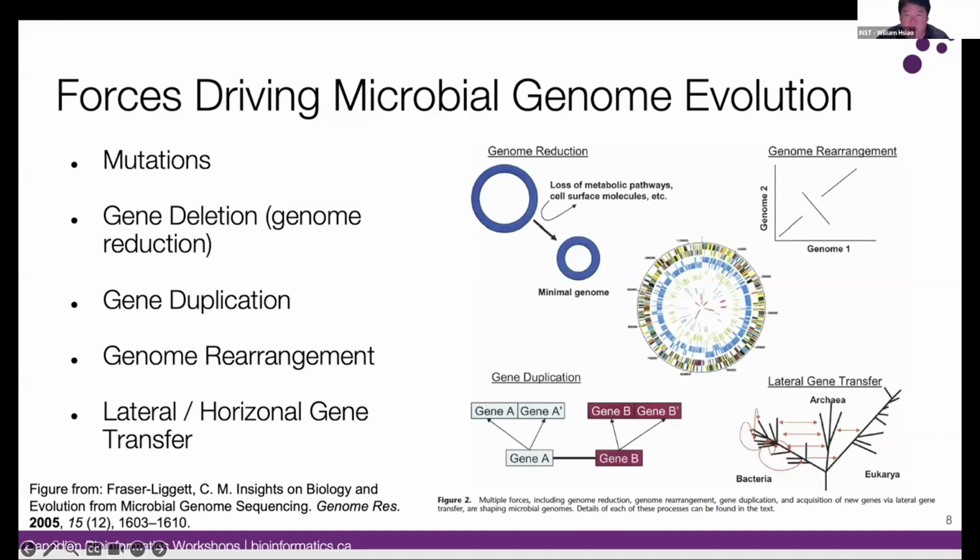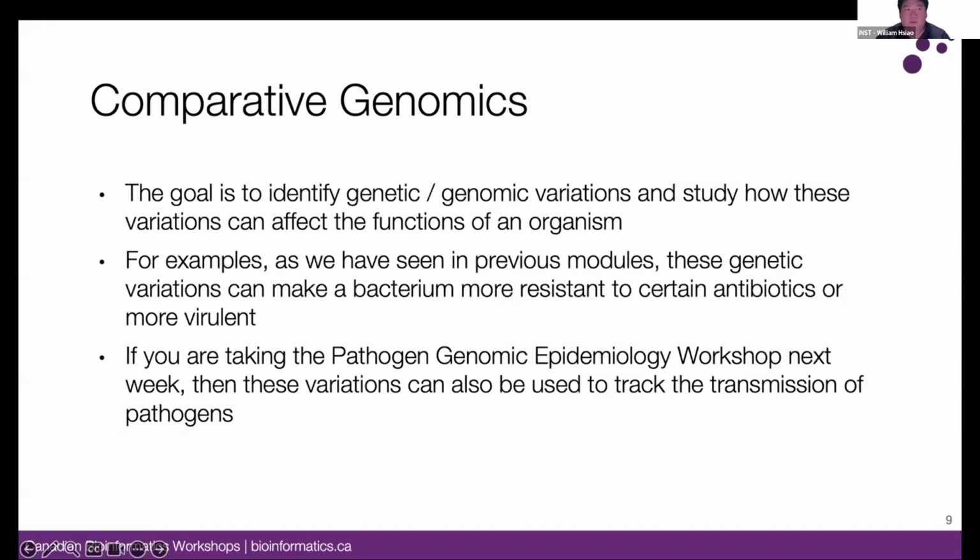Okay, and the goal of comparative genomics, therefore, is to identify genetic and genomic variations and study how these variations can affect the functions of an organism. For example, as we have seen in previous modules, these gene variations can make a bacterium more resistant to certain antibiotics or more virulent.